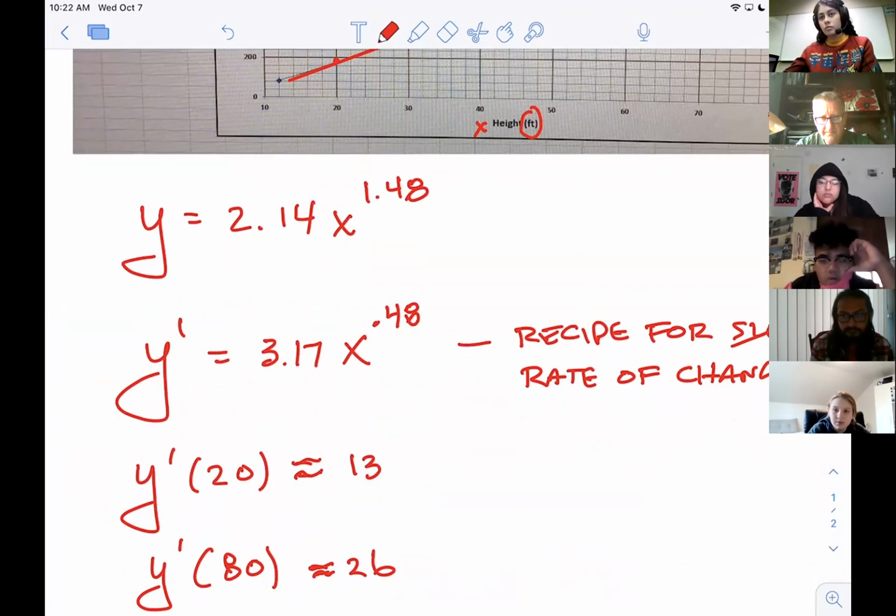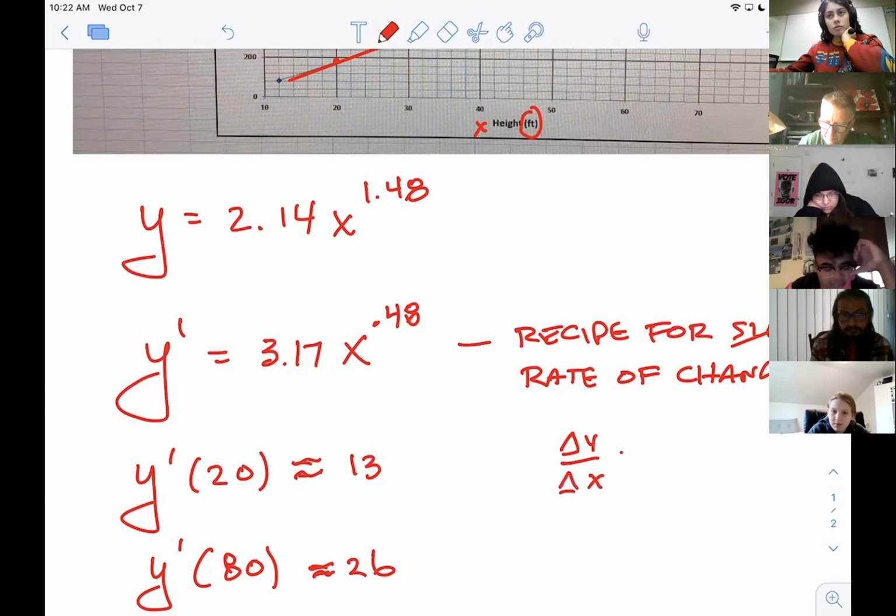I think if you go just to the basic, it's dy over dx, the change in y over x, and then what does y mean and what does x mean? The volume over the length. What is it? Sorry, height. So feet squared or feet cubed, and then just the change of that.